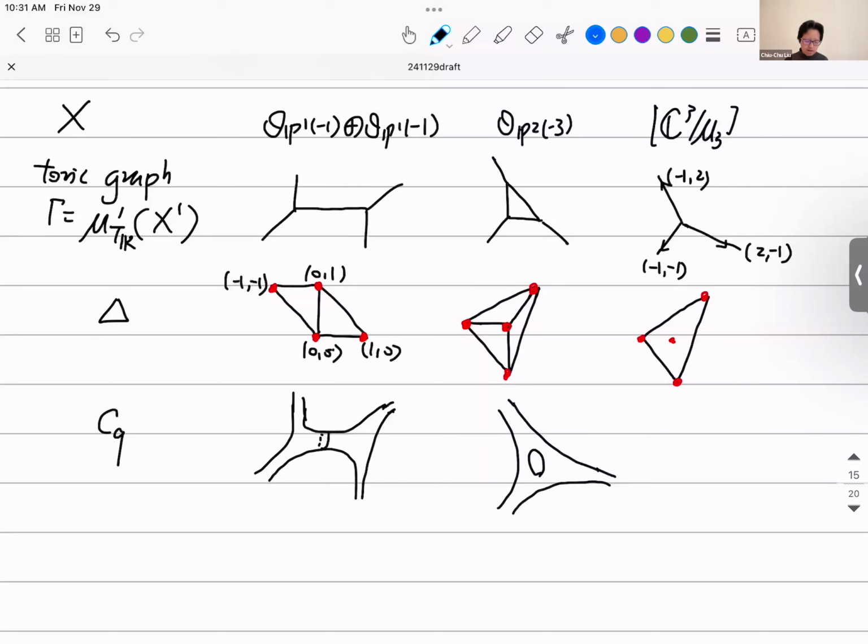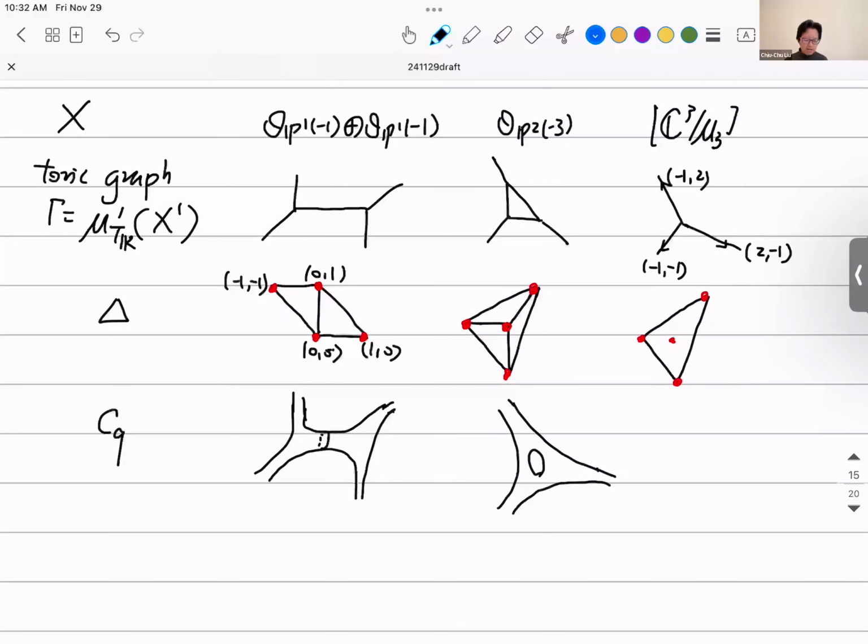Recall that when we did the topological vertex, we used this configuration of curves in the one-skeleton to draw the toric graph. But now actually what we can do is the following.